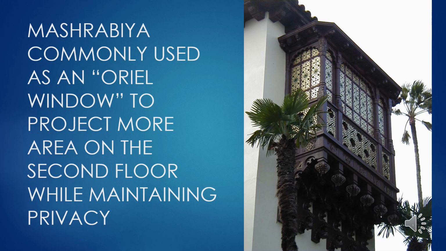These are two other commonly used details in Islamic architecture. One is a mushrabiyah, which is a pierced screen effect, and that allows privacy and heat control. But also we have what's called an oriel window. So that's this protrusion off the second floor of the building that allows more floor space.